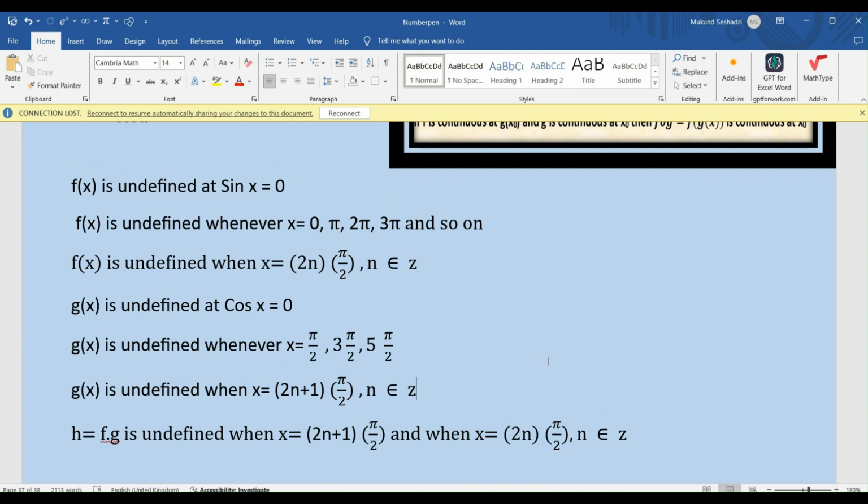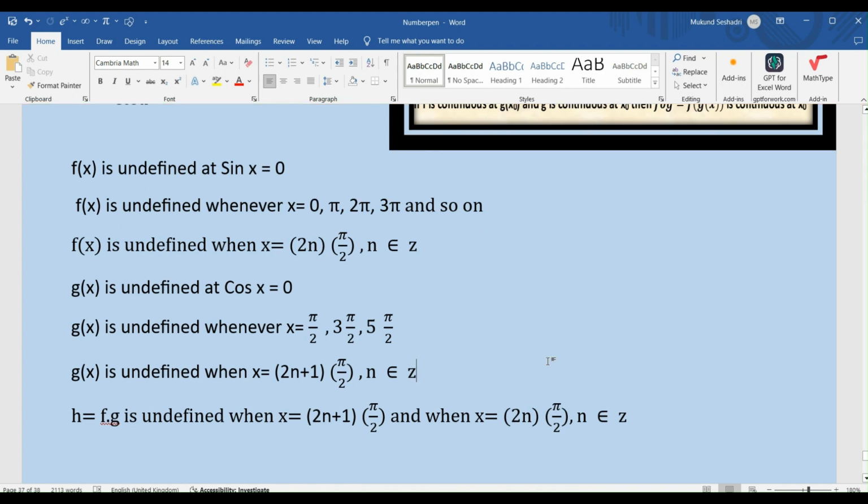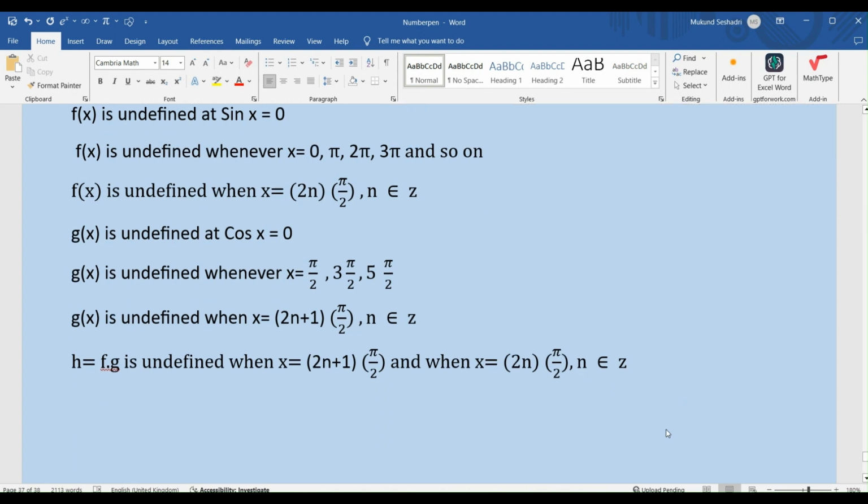So can we further generalize it, right? What is 2n and 2n plus 1? It is nothing but your odd and even multiples, right? And when I'm going to rewrite this, the way to do this is pretty simple, right? h equals f dot g is undefined when x equals n times pi by 2, right?